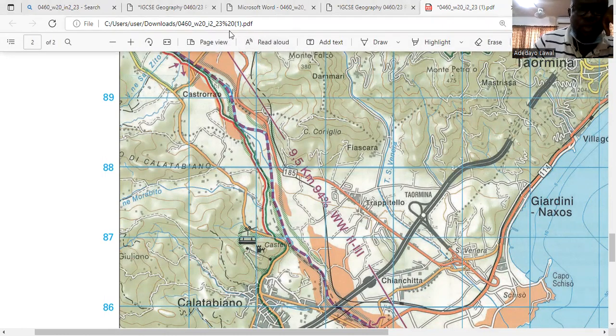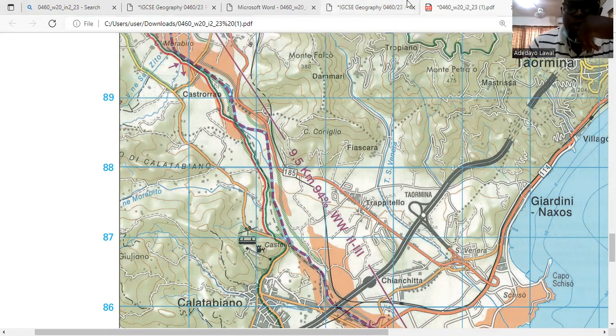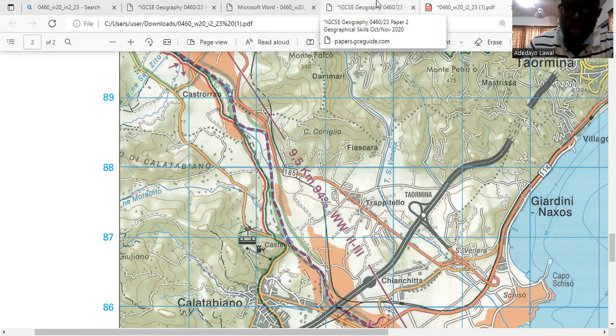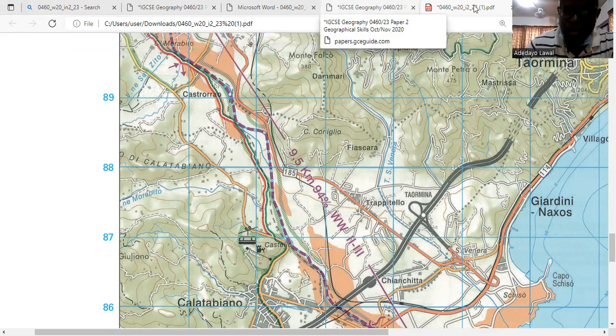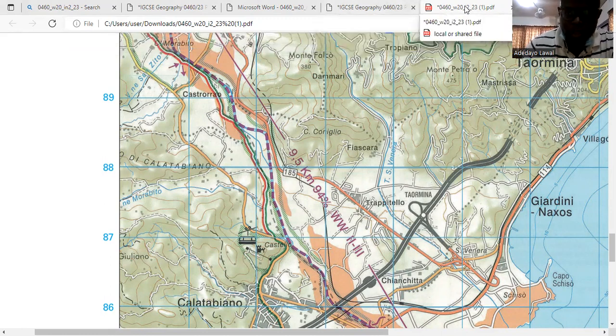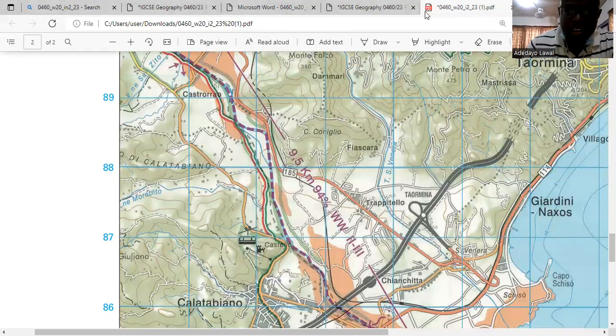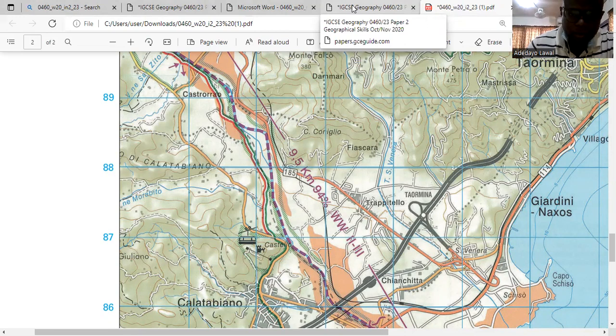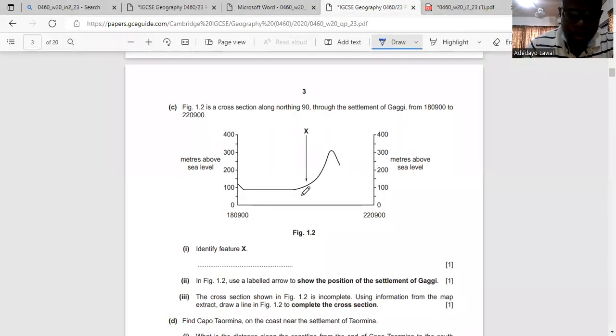So that one is railway. That's how they got railway. I believe you understand. Students always complain that this cross section is more difficult than the one they were actually taught in class. You are not drawing it, but with an understanding of how it was done, you can actually get your answer. So this is a railway.